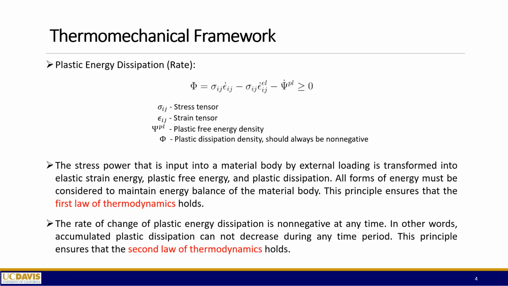This principle ensures that the first law of thermodynamics holds. The second point is that the rate of change of plastic energy dissipation should always be non-negative at any given time. In other words, the accumulated plastic dissipation. This equation represents the first and second laws of thermodynamics.